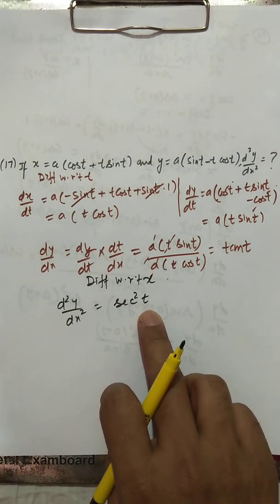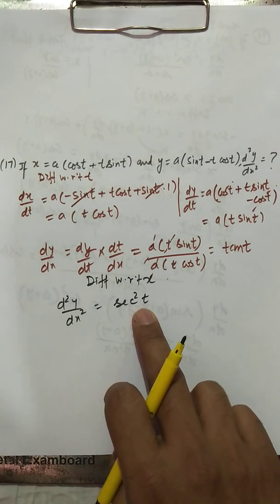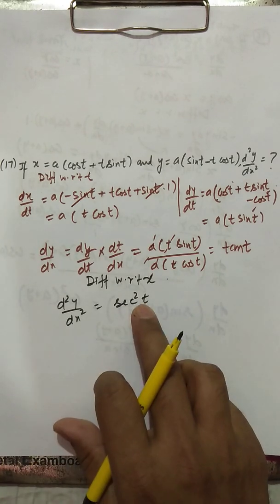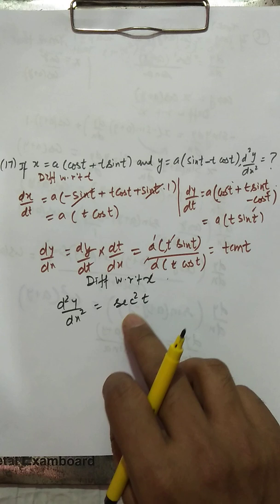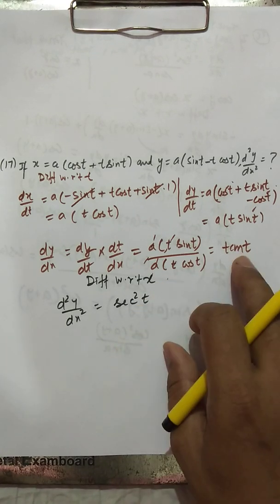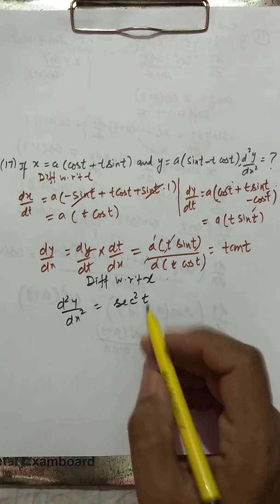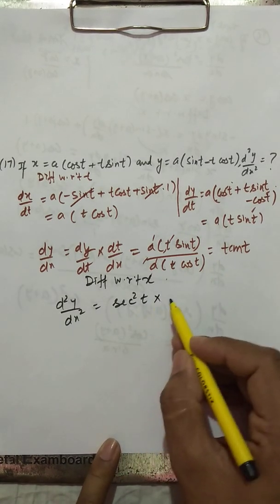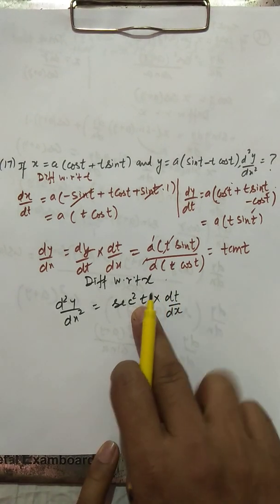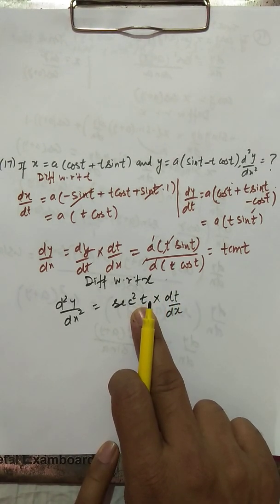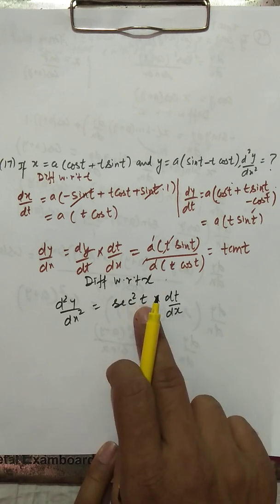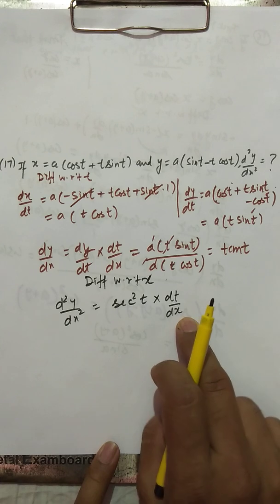And most students leave the answer here, but this is not complete, because t still has to be differentiated with respect to x. You have to apply the chain rule. So tan t gives sec square t, but one more dt upon dx will come, because t is a variable. So this is dt upon dx.